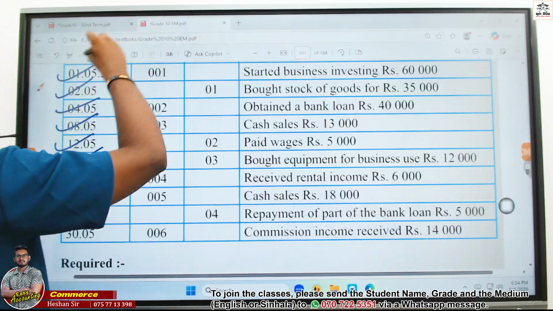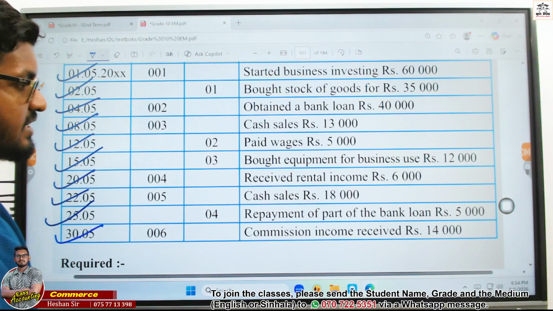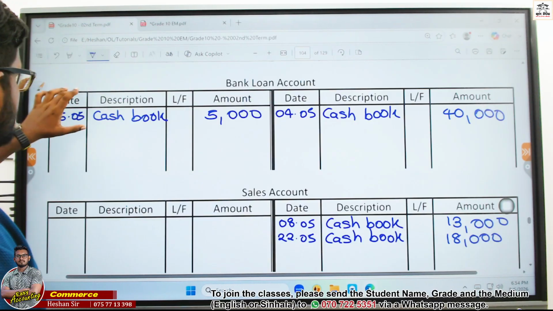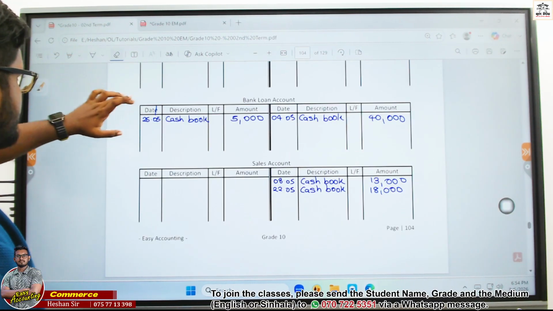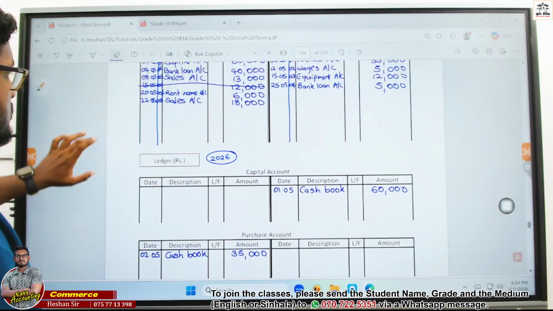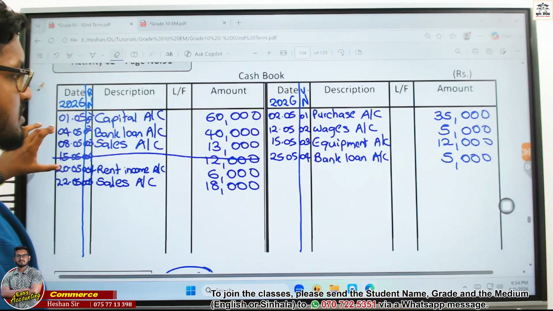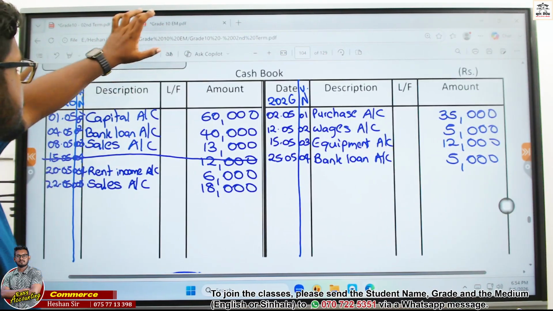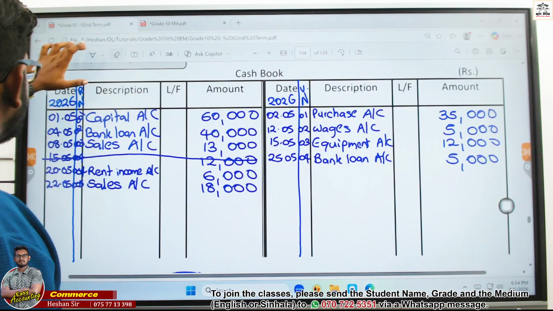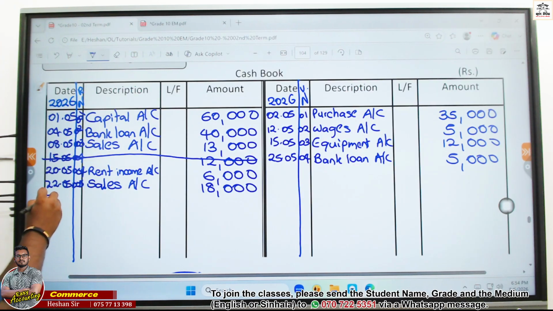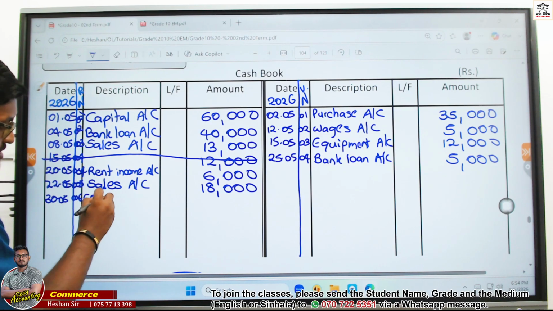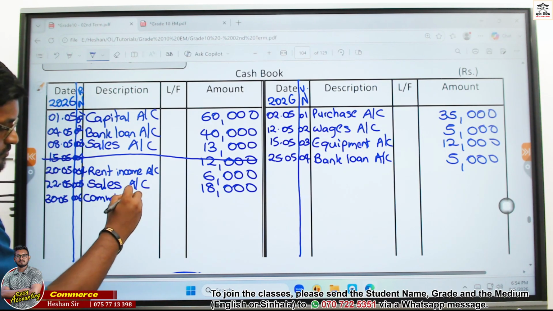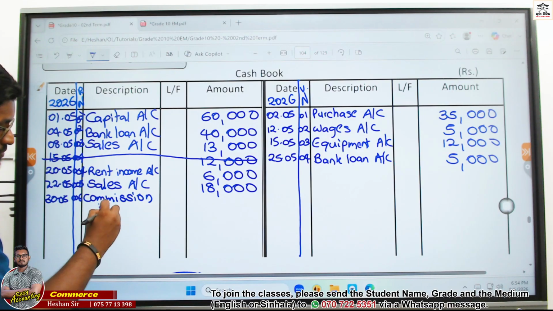Last one. Commission income received 14,000. 006. When is the date? The date is 30th of May. Commission income account.